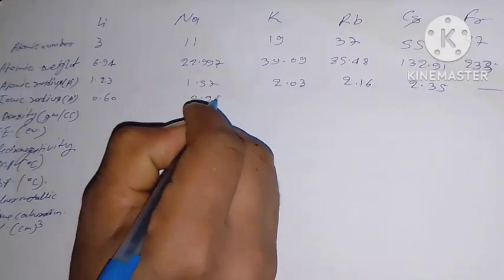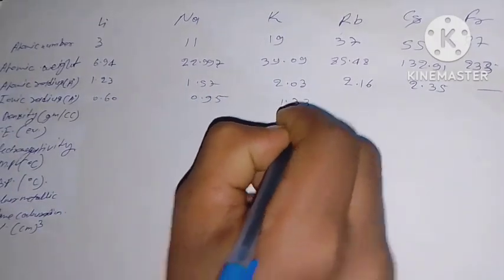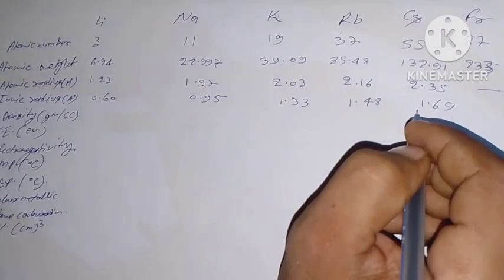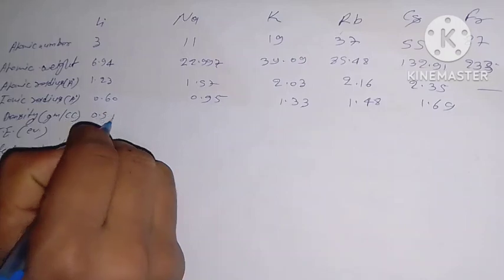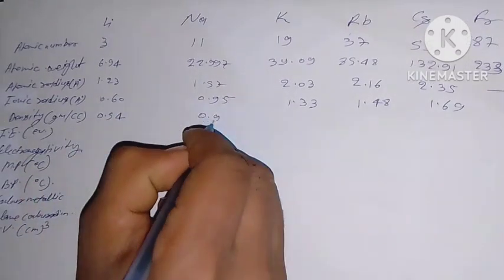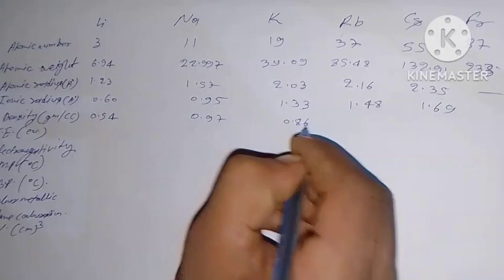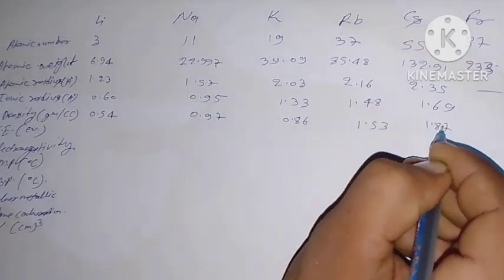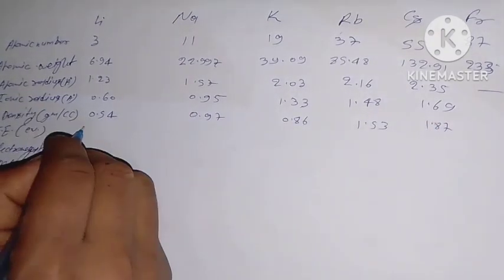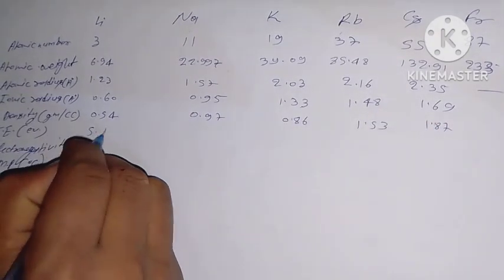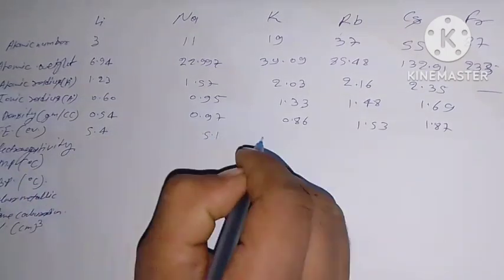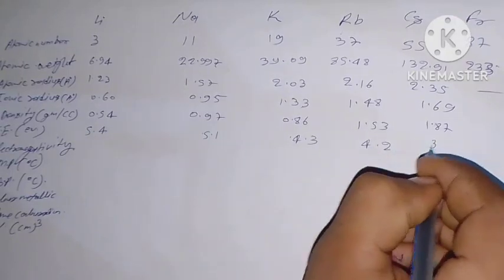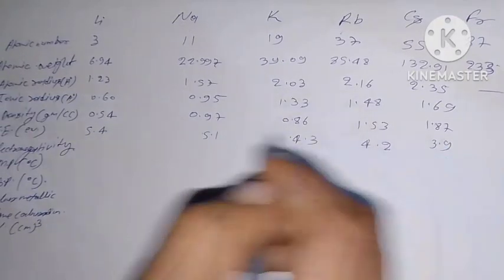Ionic radius: 0.60, 0.95, 1.33, 1.48, and 1.69. Density: 0.54, 0.97, 0.86, 1.53, and 1.87. Ionization energy: 5.4 electron volt, 5.1, 4.3, 4.2, and 3.9 electron volt.